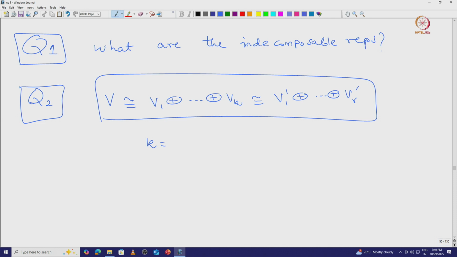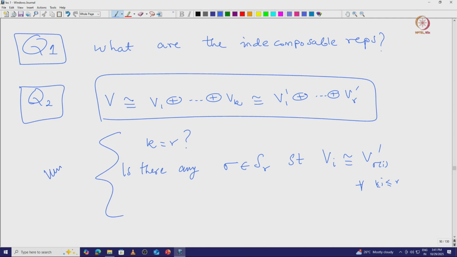So, we can ask whether k is equal to r, and once we know k is equal to r, then the components that are involved, whether they are unique or not, of course up to isomorphism. In case k equals r, is there any sigma in the symmetric group S r on these r letters 1 to r, such that Vi is isomorphic to V sigma i dash for all i from 1 to r? So, this is something about the uniqueness.